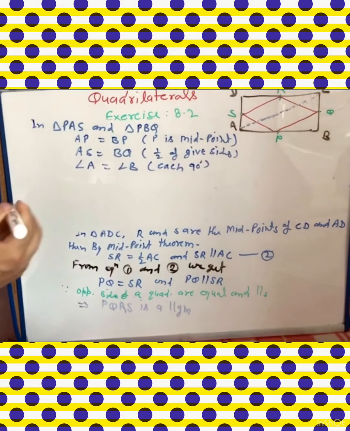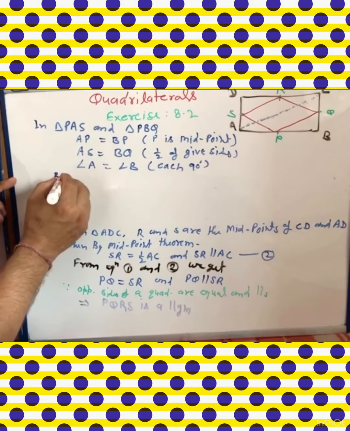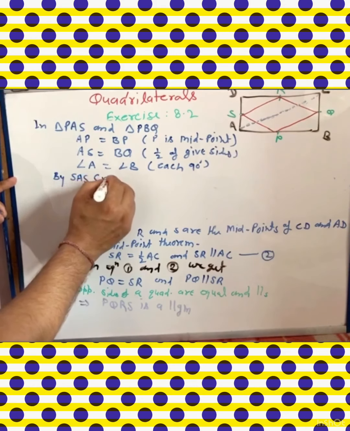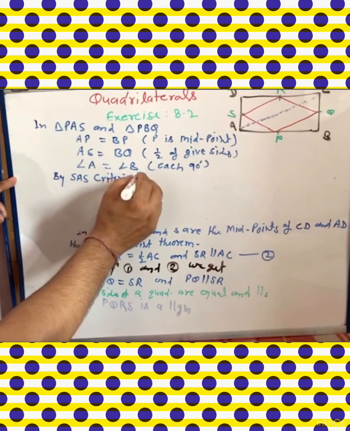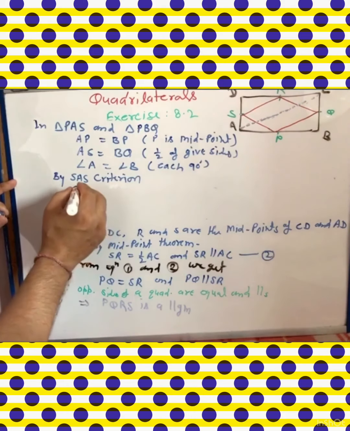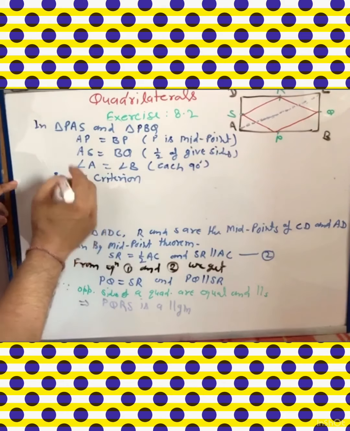So you can say that by SAS congruency criterion, triangle PAS is congruent to triangle PBQ. Okay.